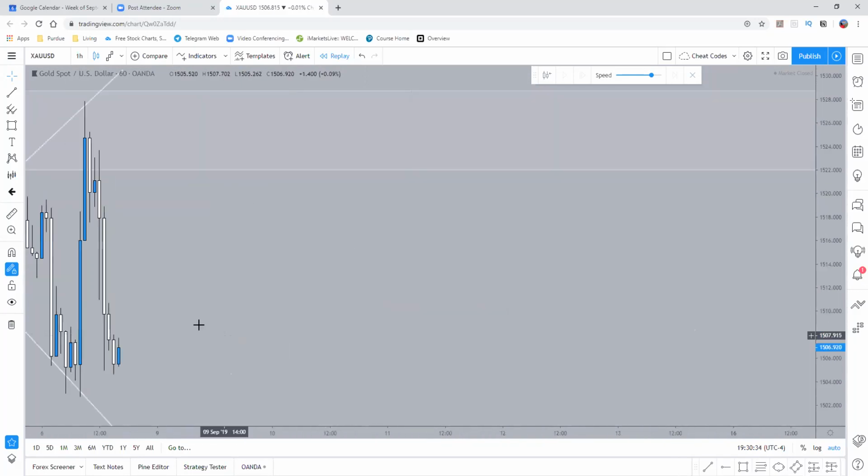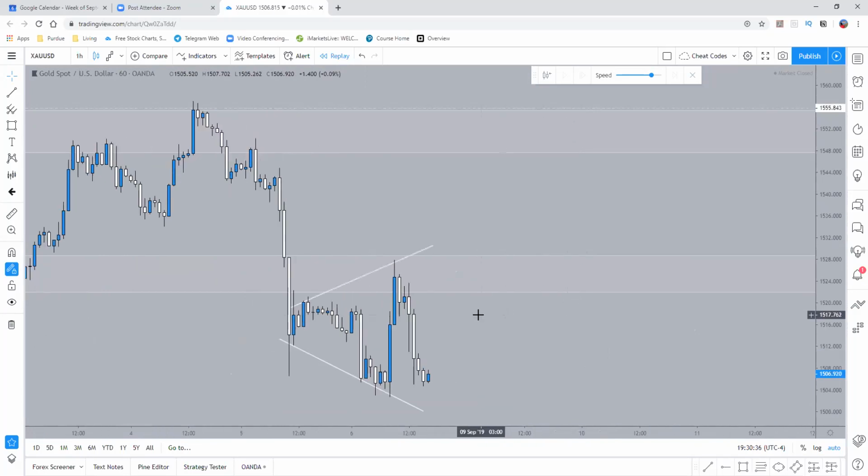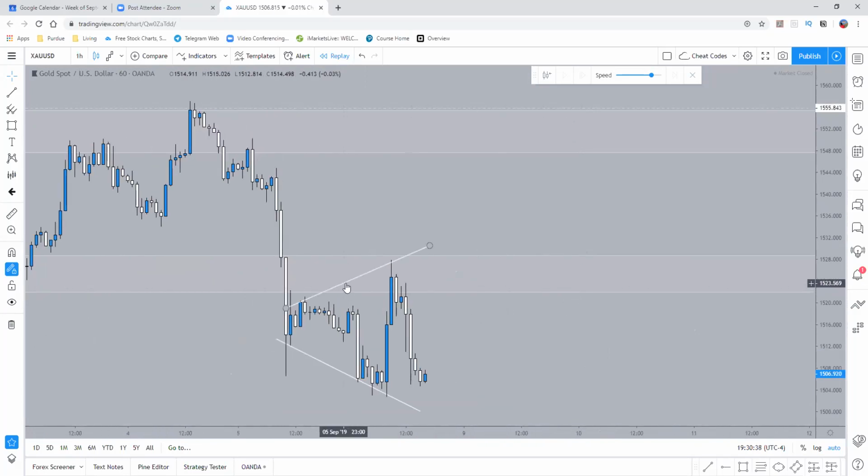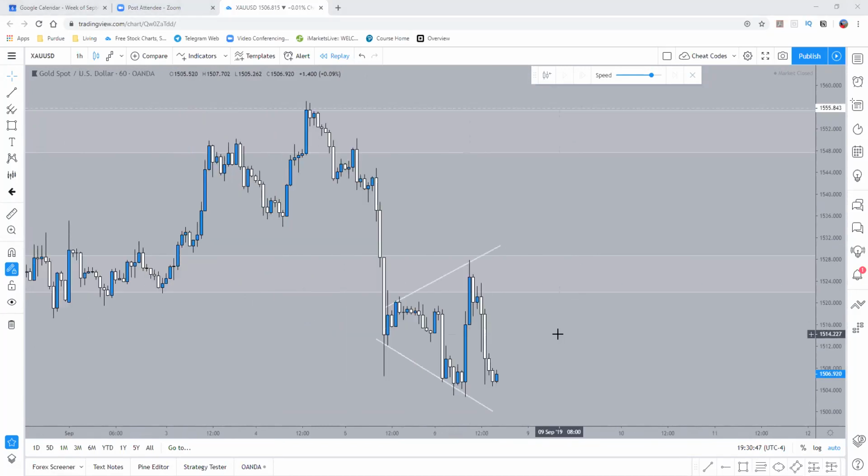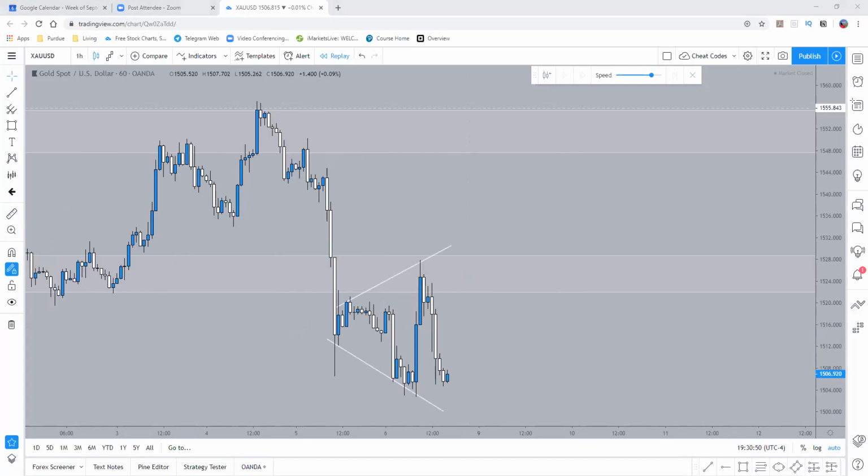But as far as calling this a correction, or a pattern, we could call it an expanding triangle. Okay, yeah, I'm comfortable with that.